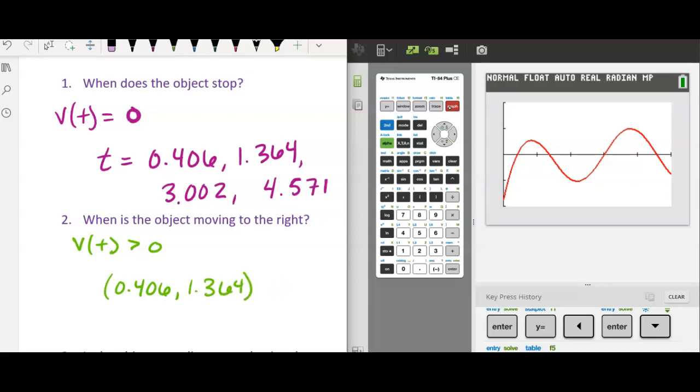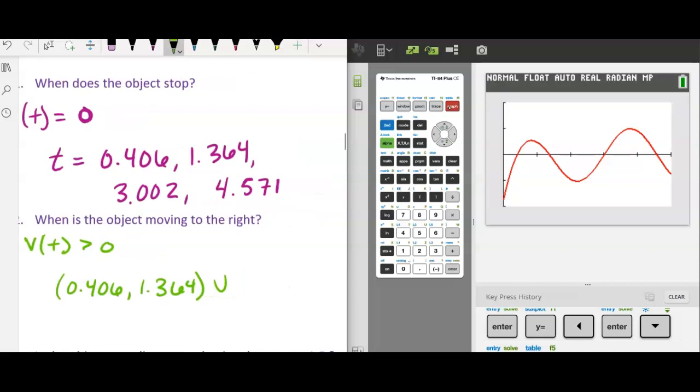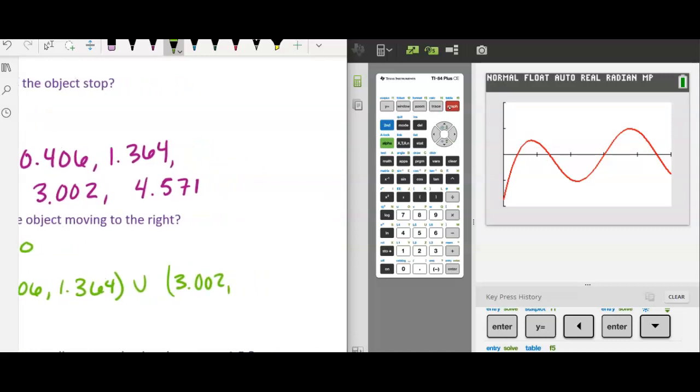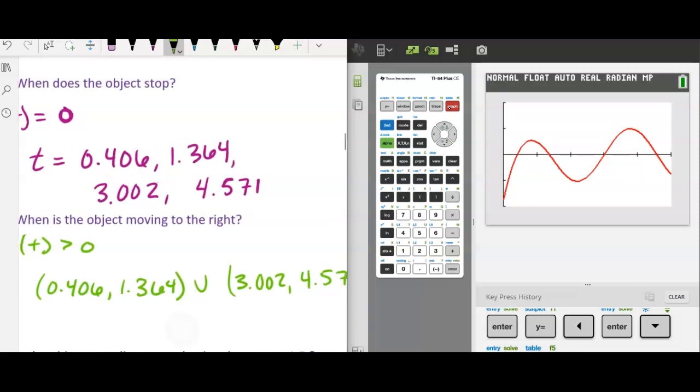Then it's above the x-axis again. It's supposed to be a U, actual U. There we go. Positive again right after 3, so it's 3.002 until we get to 4.571.